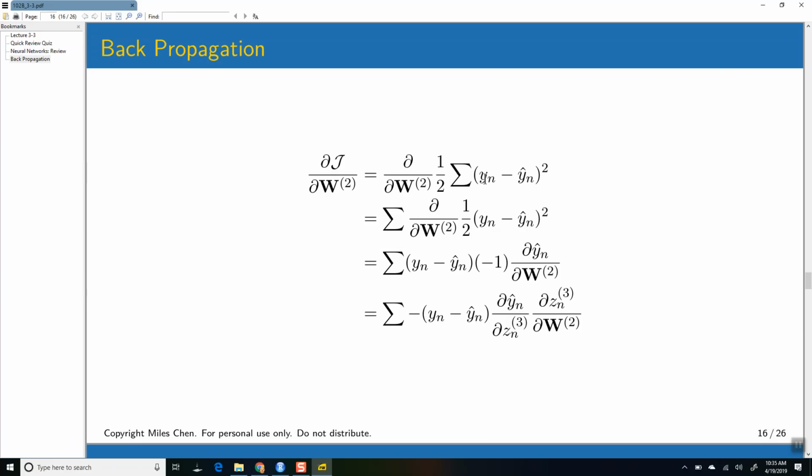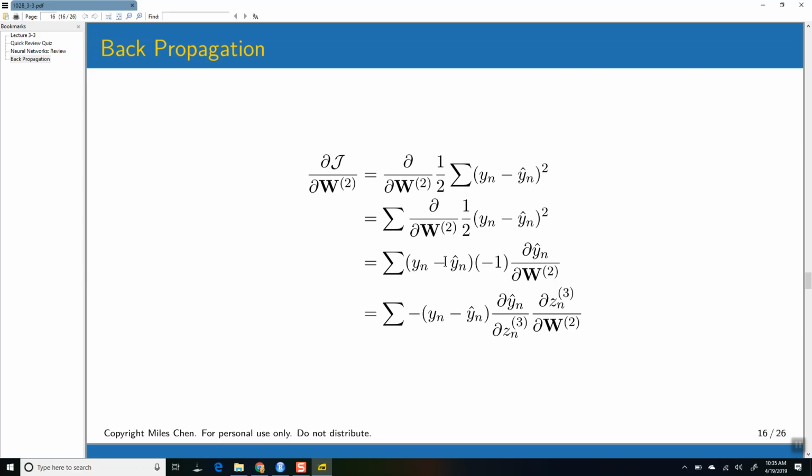The derivative of the sum is going to be the sum of the derivatives. If you take the derivative of y minus y hat squared, you bring the square down, that cancels out the 1/2, and you have y minus y hat. But now we have to apply the chain rule.